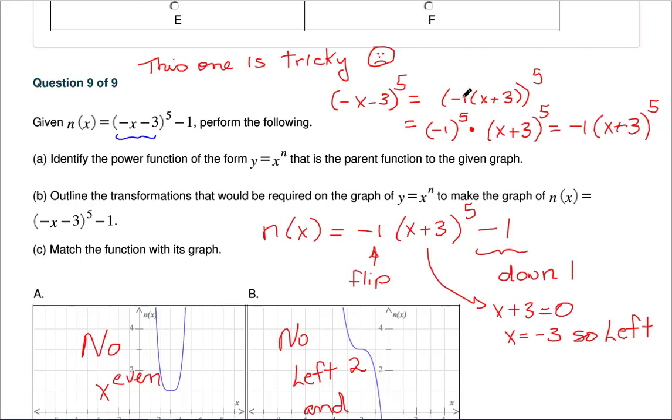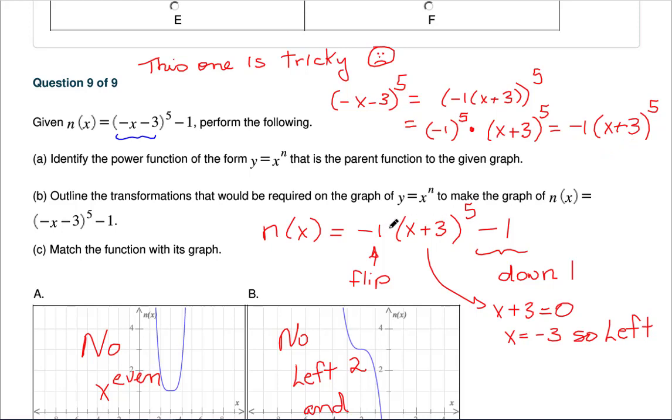Now, when you have a product of items raised to a power, you can split the product and take that exponent on each part. So let's see, that's minus 1 to the 5th. Well, minus 1 to the 5th is minus 1. And I've got the (x plus 3) to the 5th.